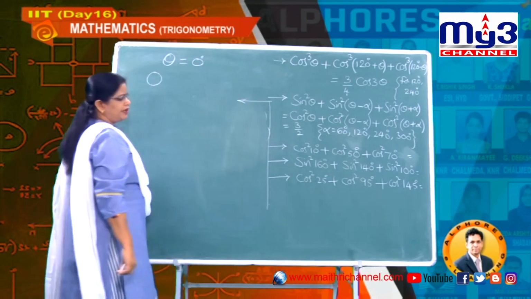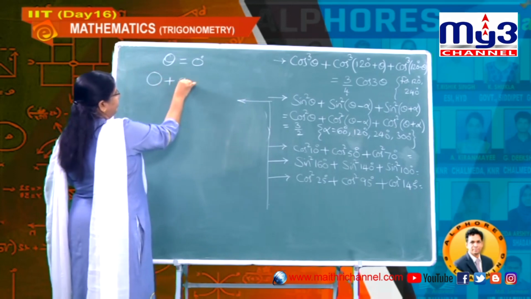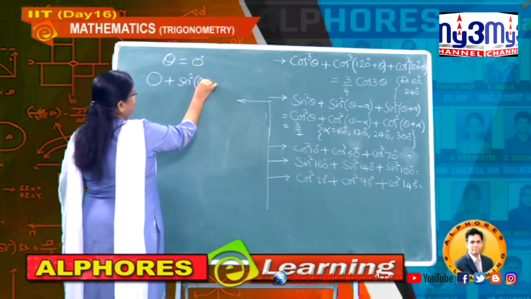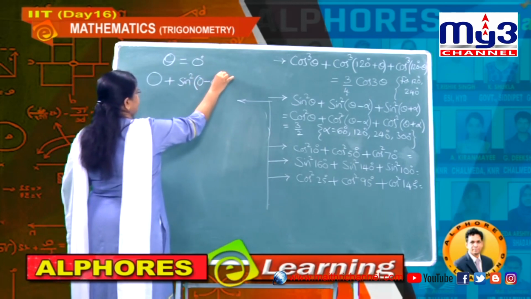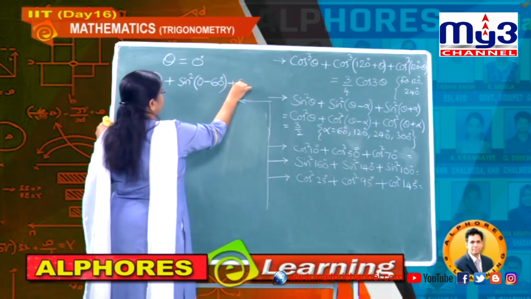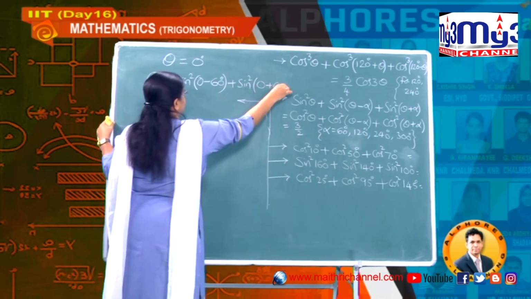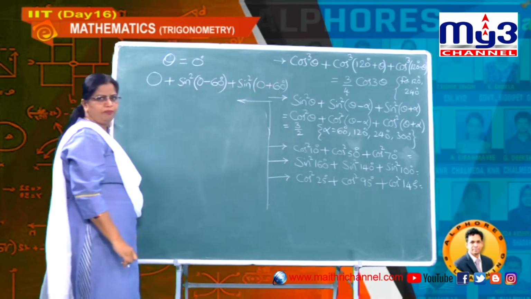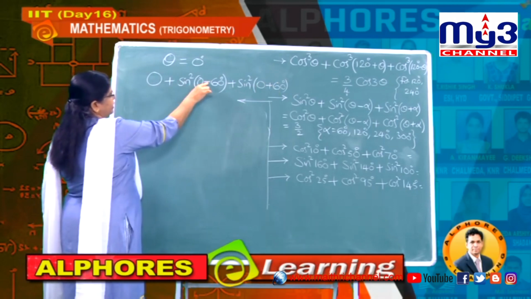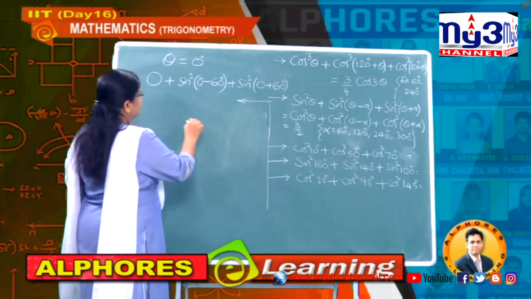So the first one, sin 0 is 0, plus sin square of theta minus alpha, that is 0 minus, suppose let us take 60 degrees as alpha, and the next value, plus sin square of theta plus alpha, that is 0 plus 60 degrees. Now this is 0 here and the square is there, so the minus symbol goes away, and it will become again sin square 60 degrees.